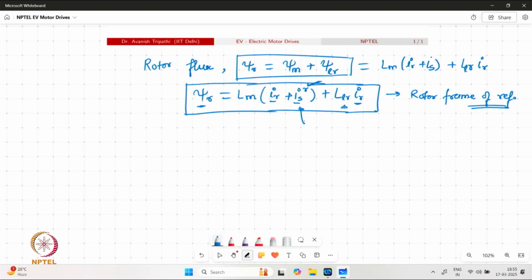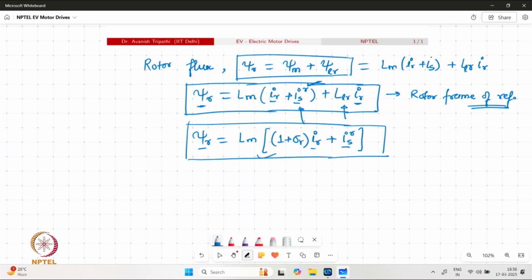Now once again, if we plug in the value of Llr in terms of sigma r and Lm, we can write psi r in a compact manner, and the combination of this current part can be written as Imr, which is our rotor flux magnetizing current.